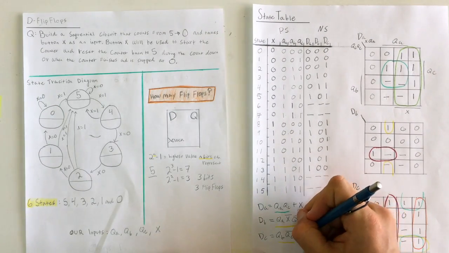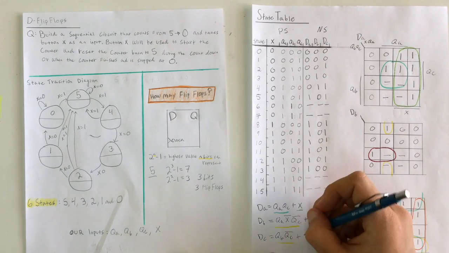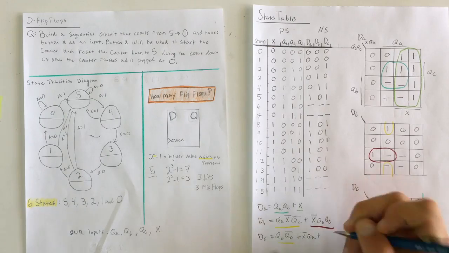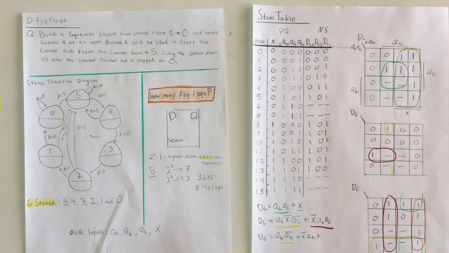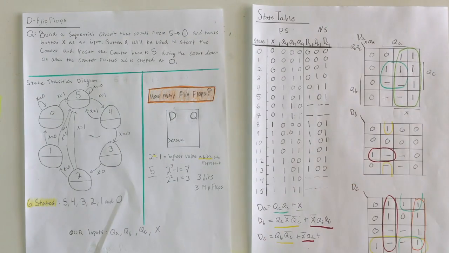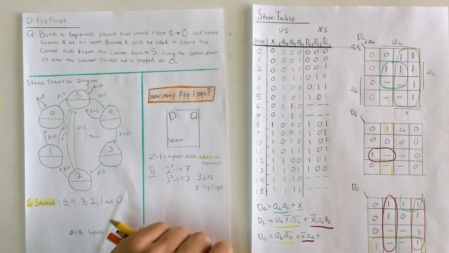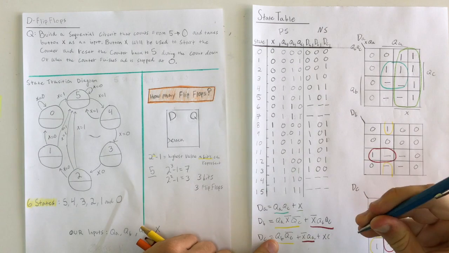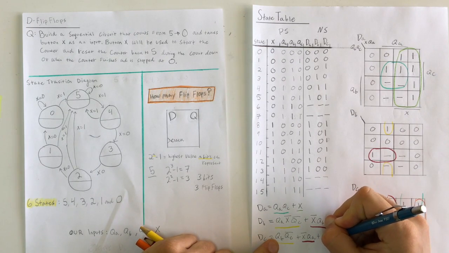Then I'll look at red. For red we have X not, QA. And then I'll look at the blue. For blue we have X and QC not.